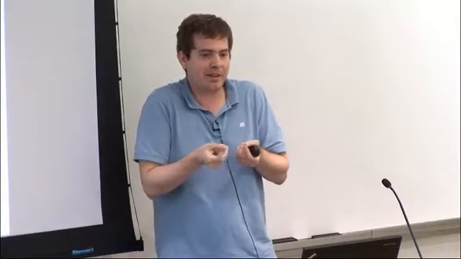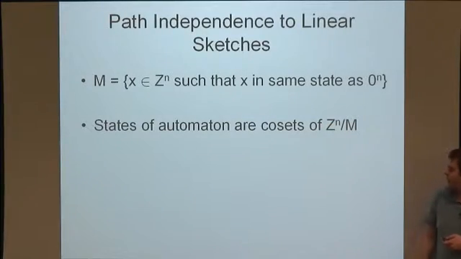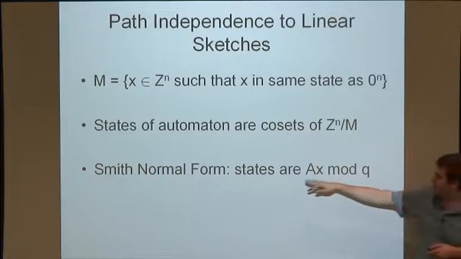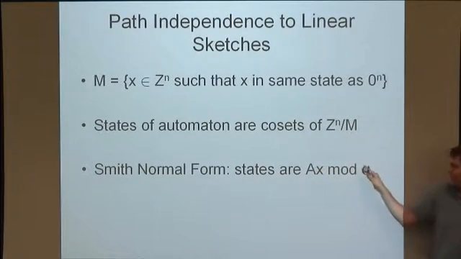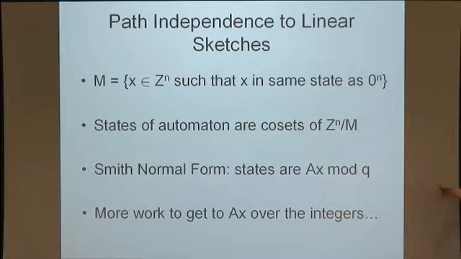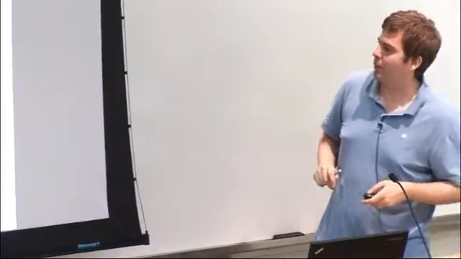So now that each vector x only goes to a unique state, you can show that the states of the automaton are the cosets of this quotient module. And using some lattice theory, the Smith normal form, you can show that the states can be represented as Ax, where you take each coordinate mod a different value q_i. And then there are some tricks to reduce this to get a sketch over the integers, which I won't talk about.